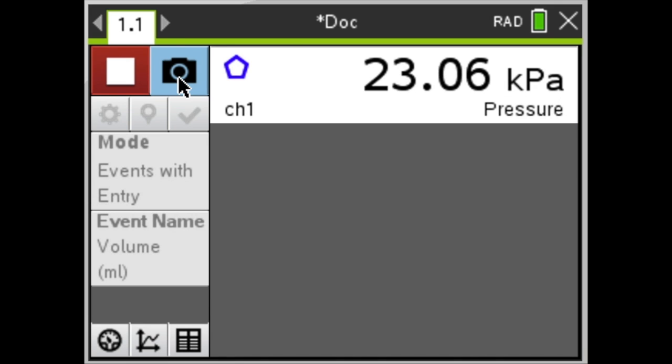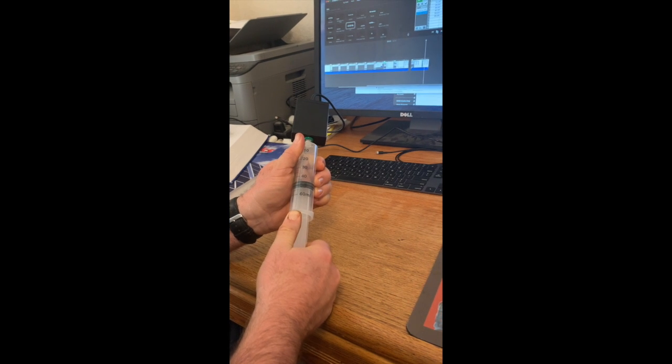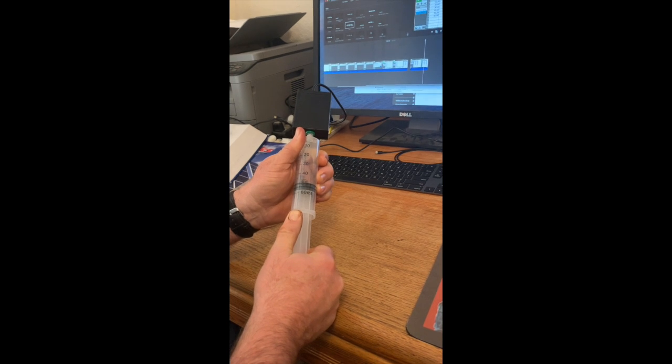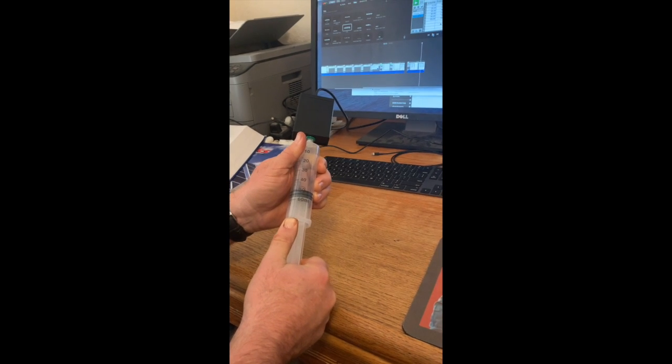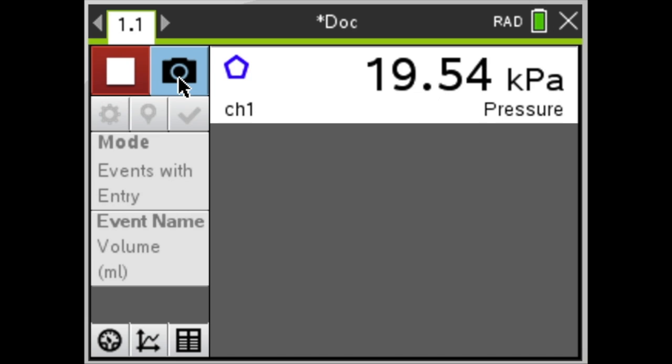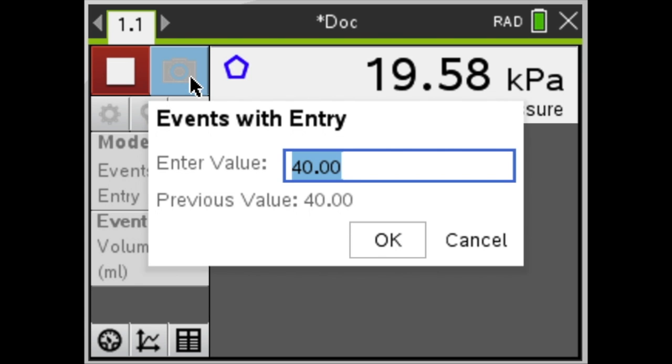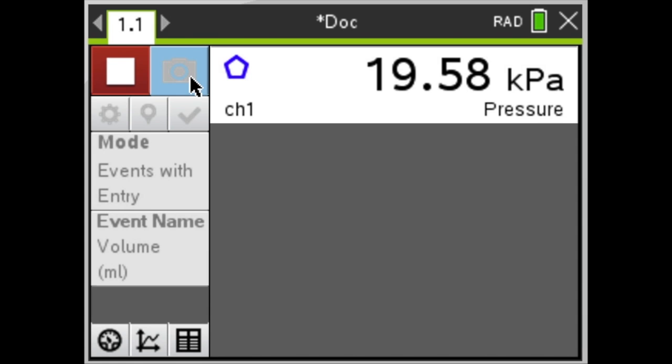Now we'll go out to 50, and it's becoming harder to expand the gas. So that's 50 milliliters. And finally, our last reading is going to be 60, and that takes a lot of force to pull out because I'm developing a vacuum inside the syringe.